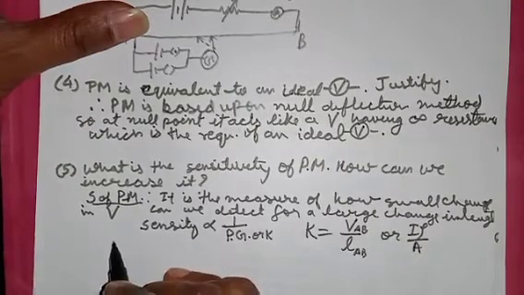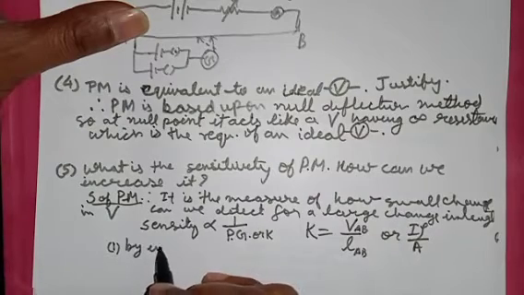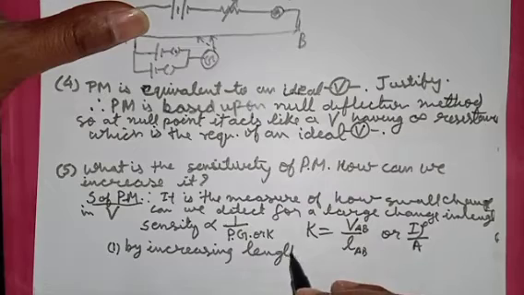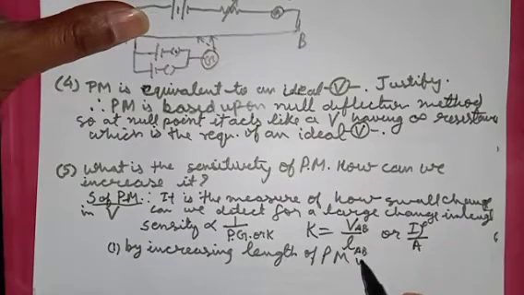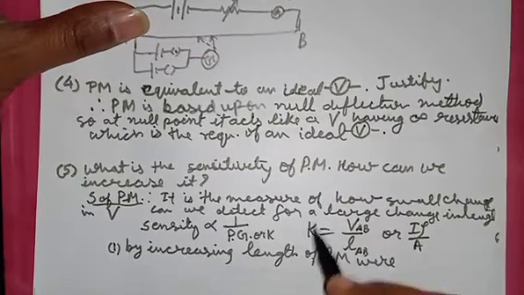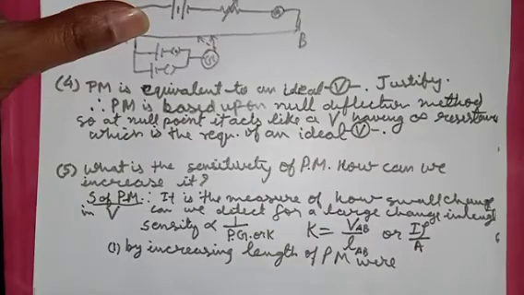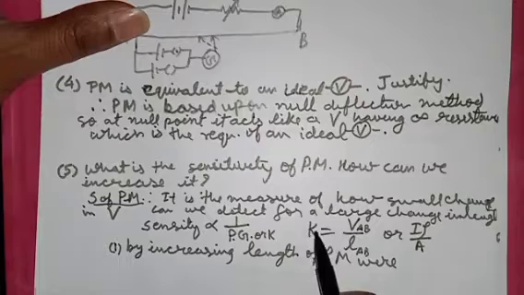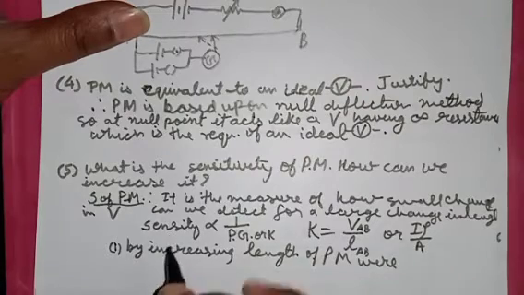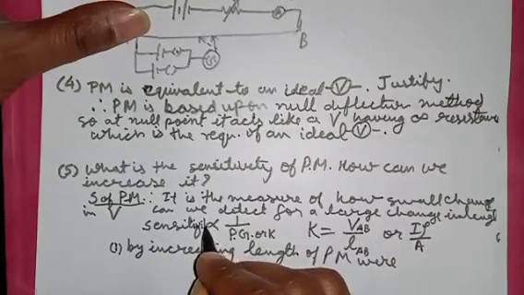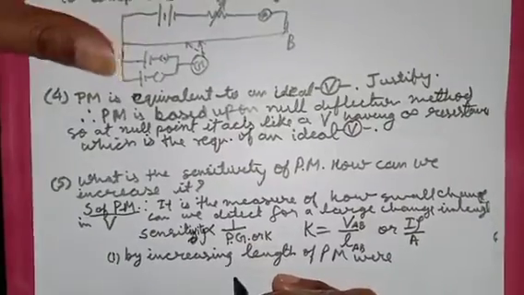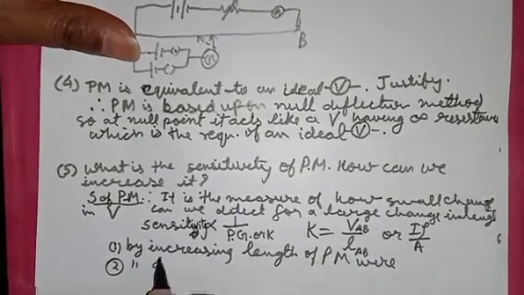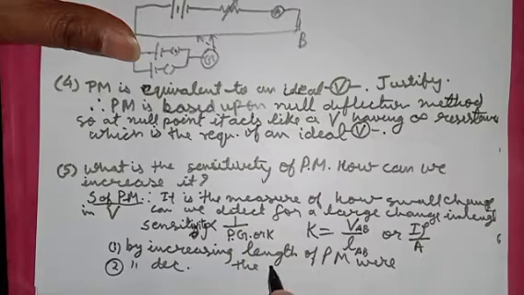So the first method is by increasing the length of the potentiometer wire. From the first expression we can come to know that if we increase the length then K will decrease. If K decreases then sensitivity increases. And the second thing we can do is by decreasing the current.